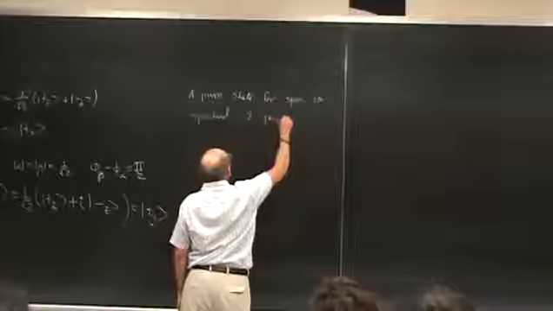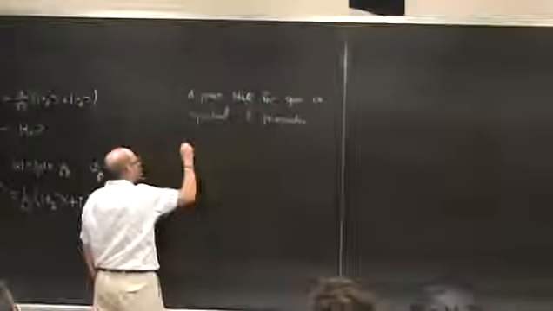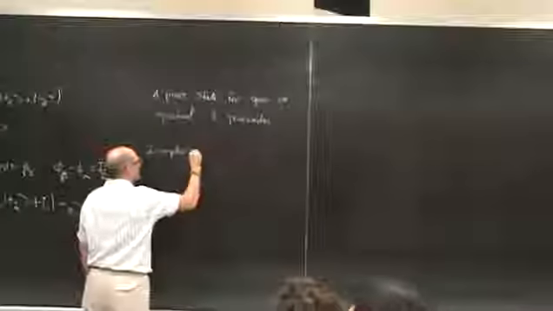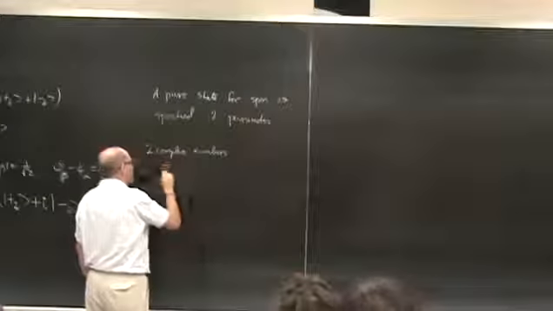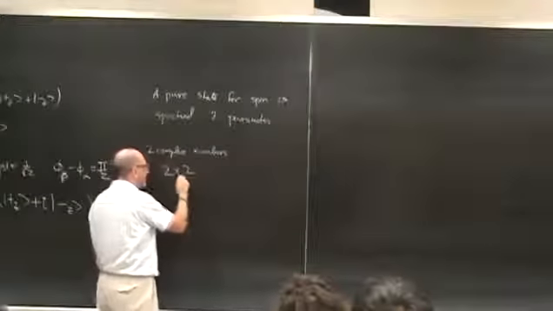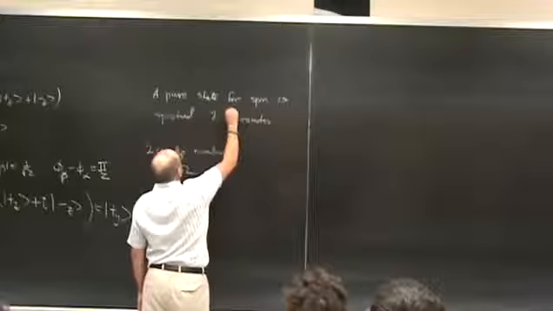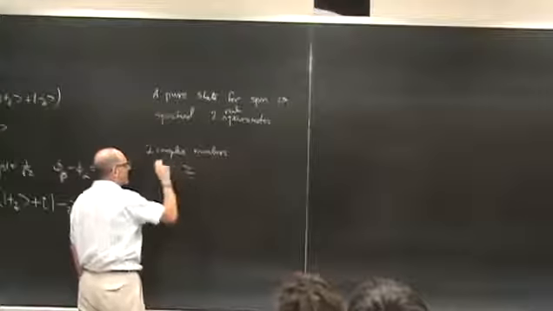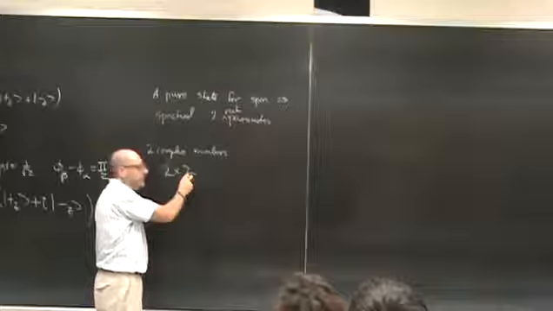And the way we saw that is that we have two complex numbers. So that's 2 times 2 real parameters, right? Because each complex parameter has a real and imaginary part.